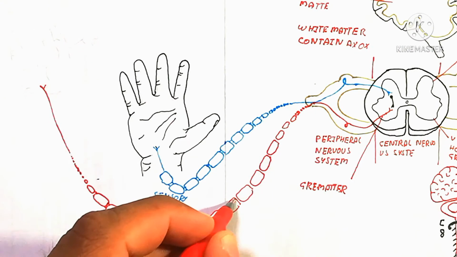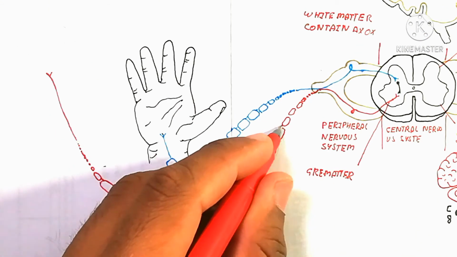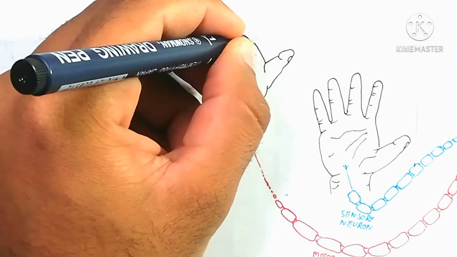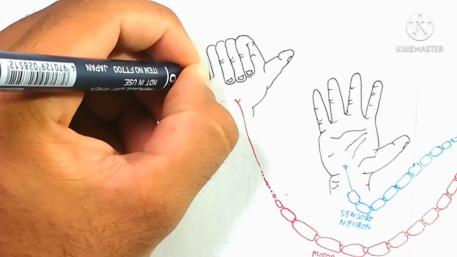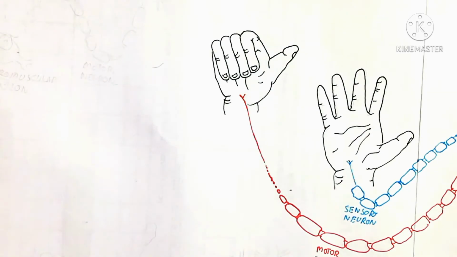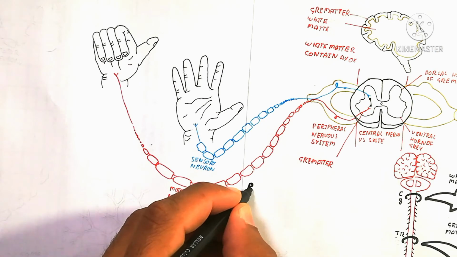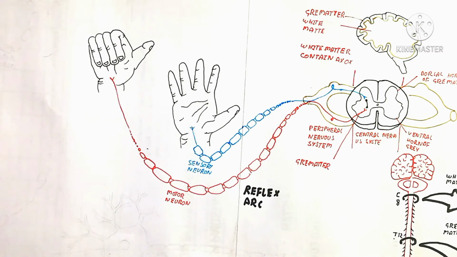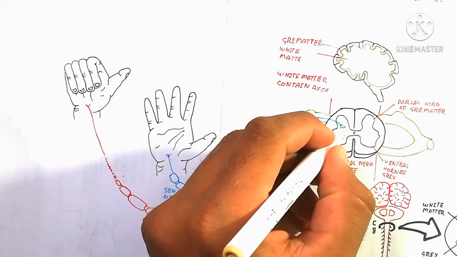So these motor neurons are interconnected to each other, and that is known as the reflex arc, and the hand will be moved, giving the response to touch, pain, pressure, and some heat, cold, etc. So this gives the response. It is known as the reflex arc.